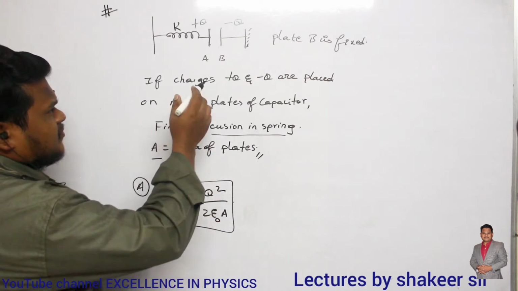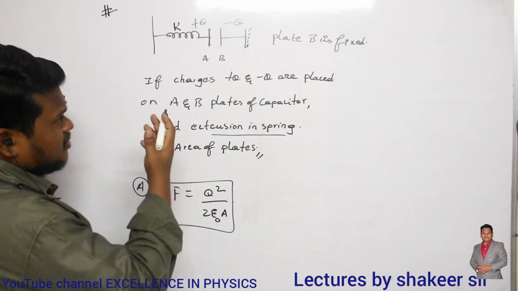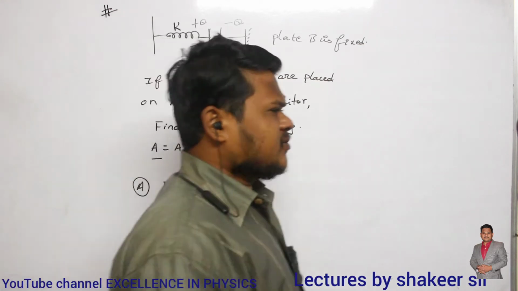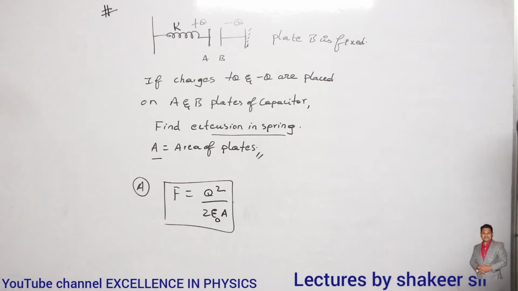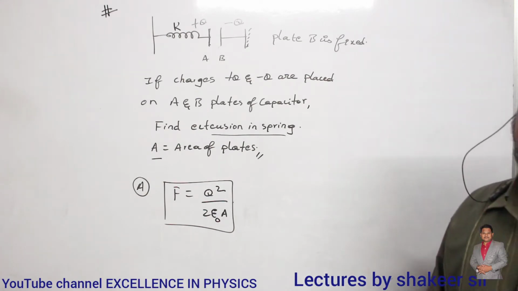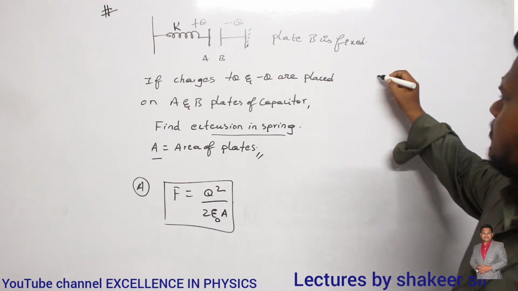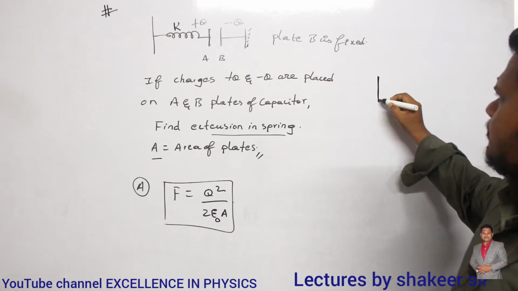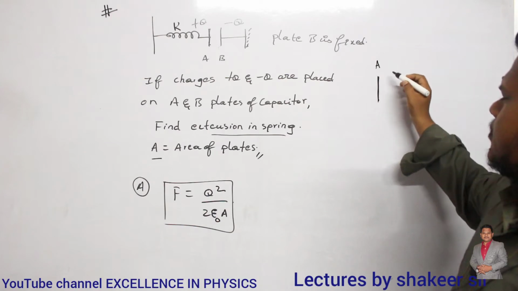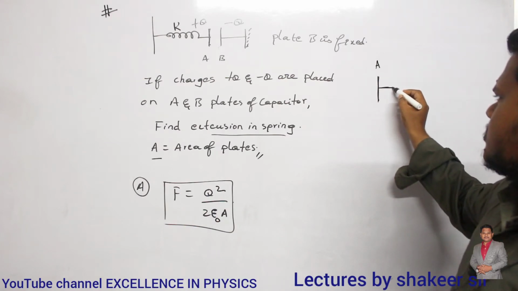Now if this is the force of attraction, then what will be the amount of elongation produced in the spring? Can you say? Come on. For example, if I take one plate, let it be plate A. On this one, what will be the force of attraction?